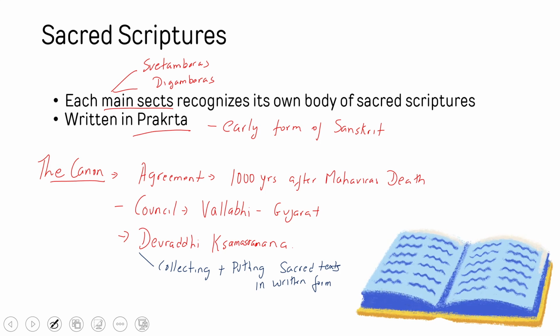When we speak about their sacred scriptures, it has 6 sections and contains either 45 or 46 books. We'll come to that. What we have to remember is that each of these 6 sections has its own significance and its own speciality.